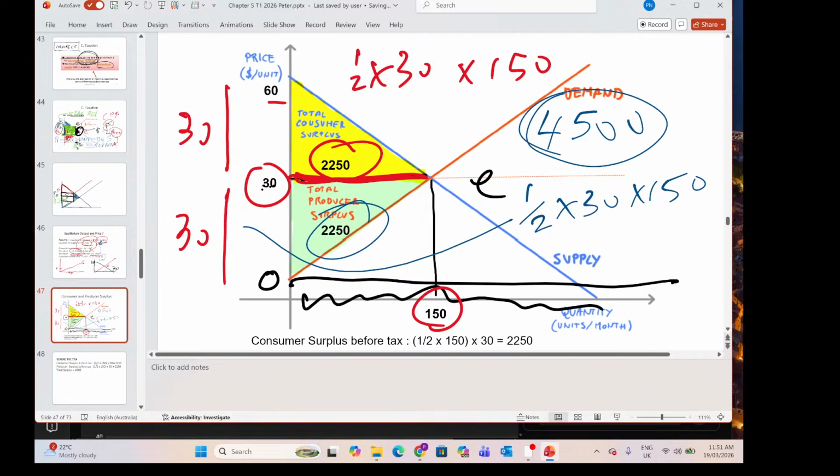So there's our surplus before any government intervention. There's no tax yet, and the market is operating free of any government interference.